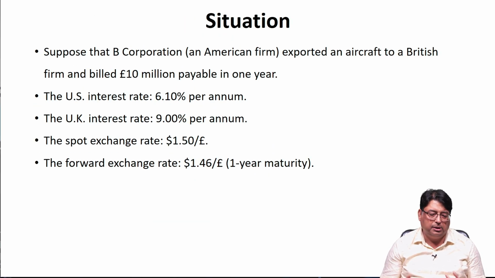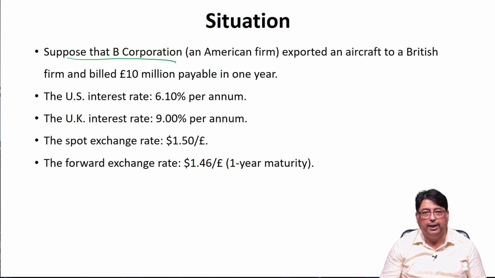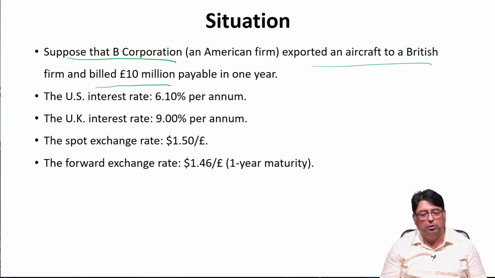Let us take a situation where B Corporation, an American firm, exported an aircraft to a British firm and invoiced 10 million pound payable in 1 year. It means the British firm has to make payment of 10 million pound after 1 year.